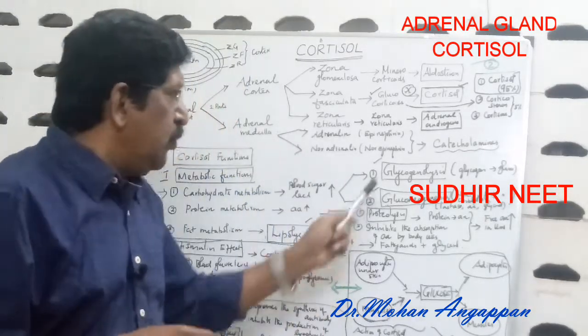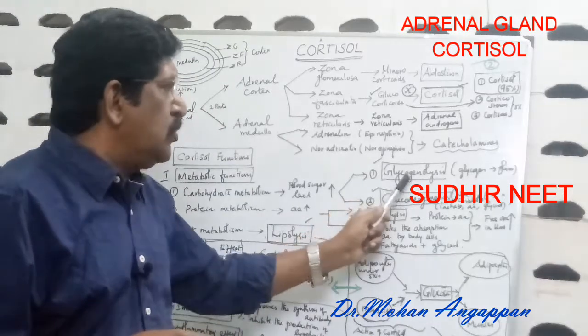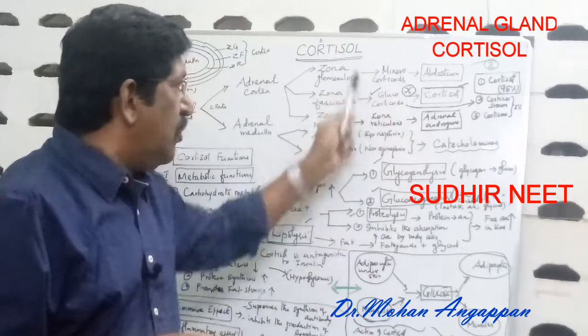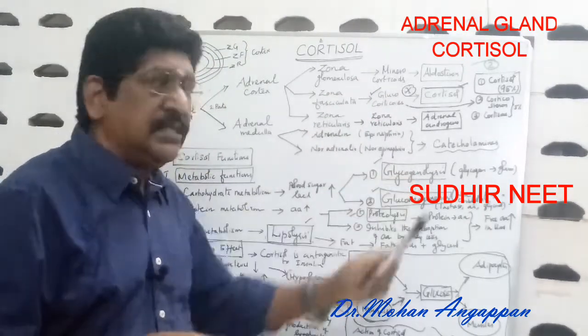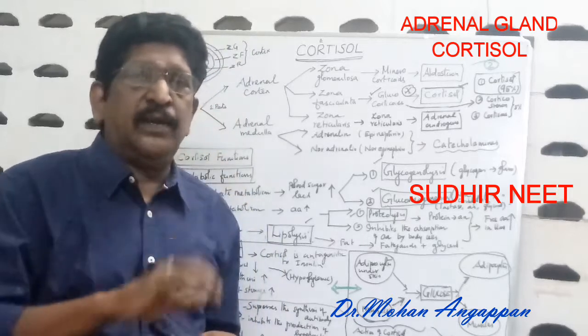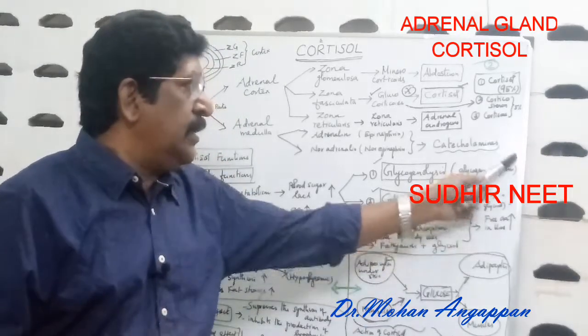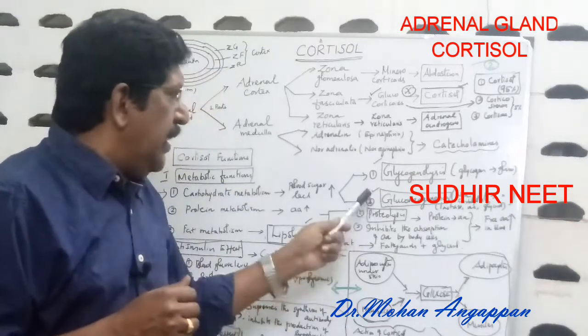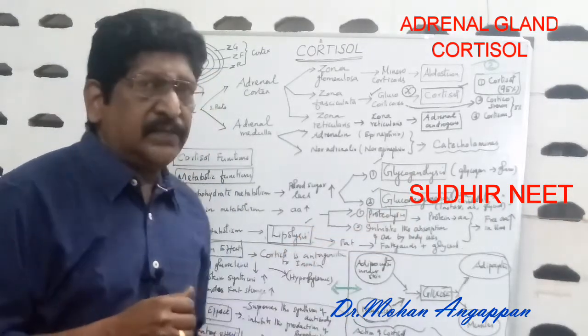How? In two ways. One, glycogenolysis. It induces the process of glycogenolysis. That is, the stored glycogen in the liver is converted into glucose, and then the blood glucose level increases. And number two, gluconeogenesis.